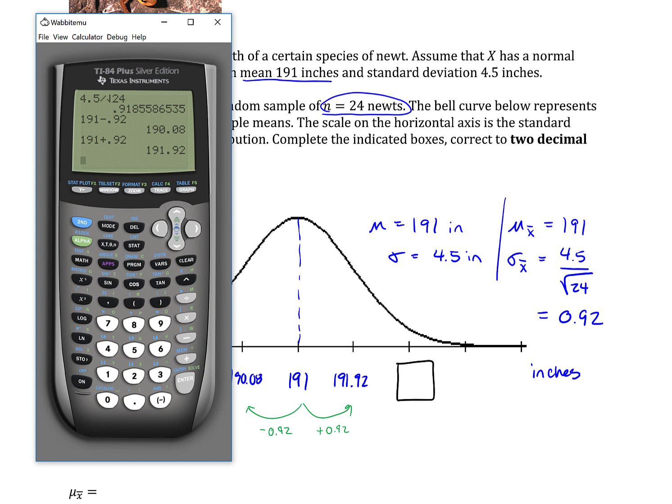If we continue another standard deviation, we just simply add 0.92 to that value to go another standard deviation, so 192.84.